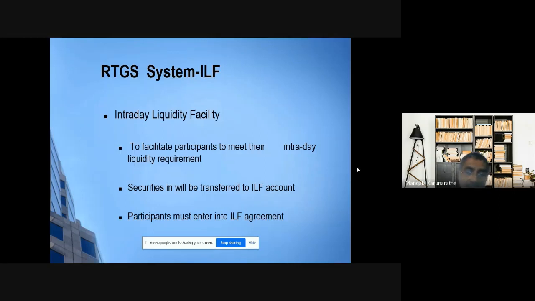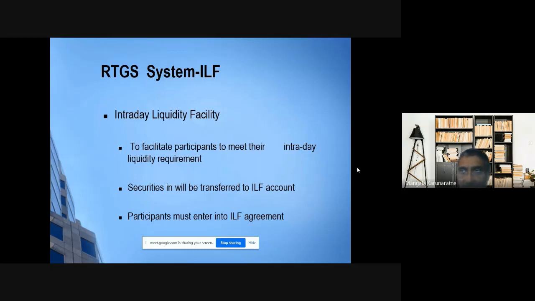But if you think the previous day that you will need money tomorrow, you can transfer securities to the ILF account. Then the central bank will automatically grant you an ILF in the morning, so you don't have to worry.